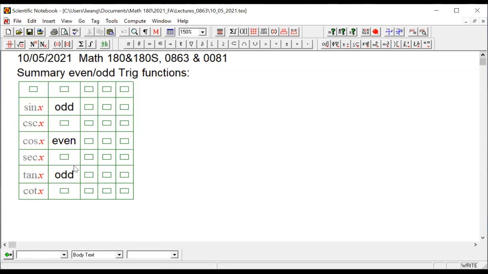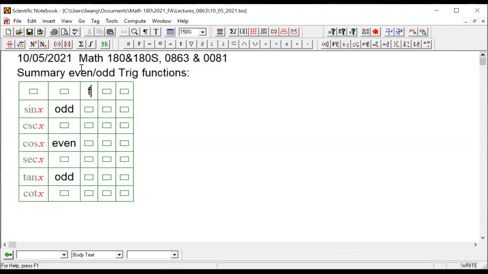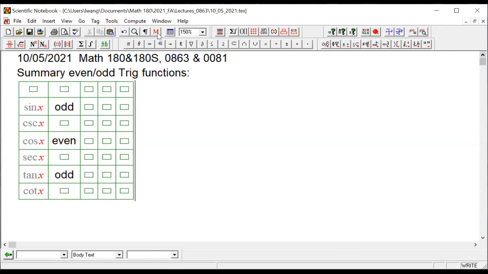So you're going to fill out these empty spaces, the algebraic form for an odd function. For an odd function, the algebraic form is f of negative x equals negative of f of x.